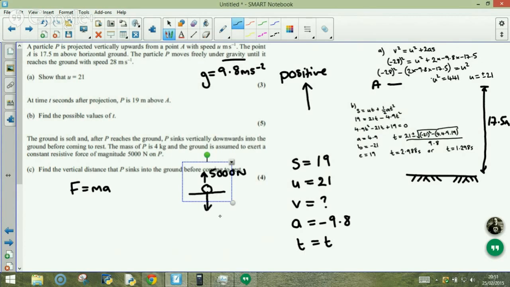P is 4 kilograms, so you've got 4G. So let's have a look at how that works out.